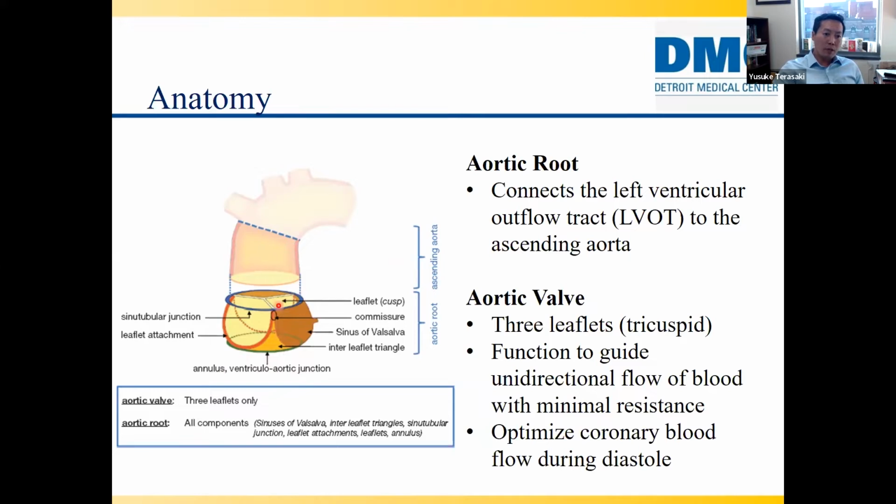So the part that's between is the aortic root, which consists of the aortic valve leaflets, which in normal patients have 3 leaflets. And this is also where the coronary arteries come off of. You have the right coronary artery and the left coronary artery coming off of the sinus of Valsalva within the aortic root.